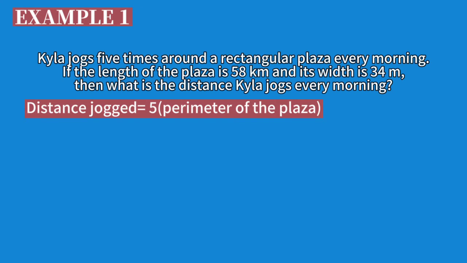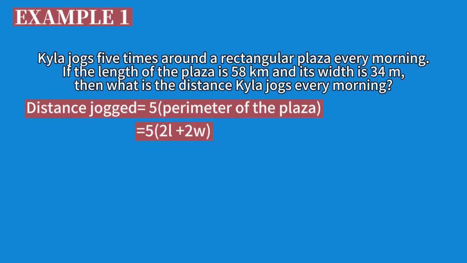Distance jogged is equal to 5 times the perimeter of the plaza. It is multiplied by 5 because, as you can read in the problem, Kayla jogs 5 times around a rectangular plaza every morning. So, I just explained where the 5 came from, if you would wonder where I got it.